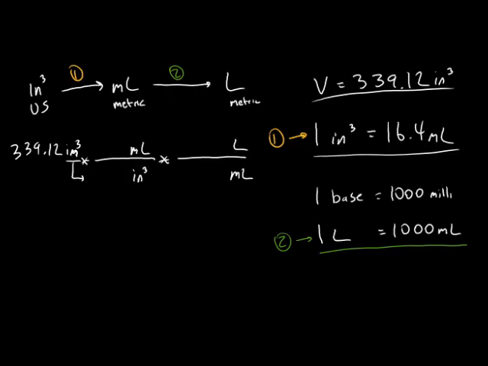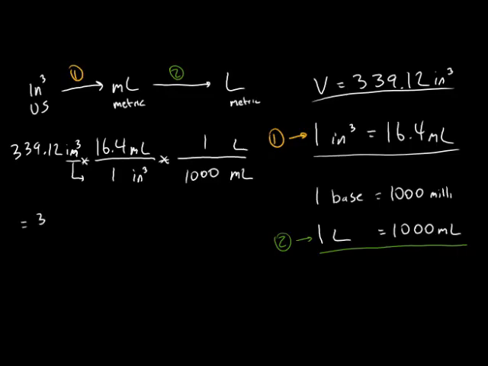Our first unit conversion has a 1 next to cubic inches. Therefore, we place a 1 next to cubic inches in the fraction. Next to milliliters, we have 16.4. Then the information from our second step says 1 liter is 1,000 milliliters. So we place a 1 next to liters, 1,000 next to milliliters.